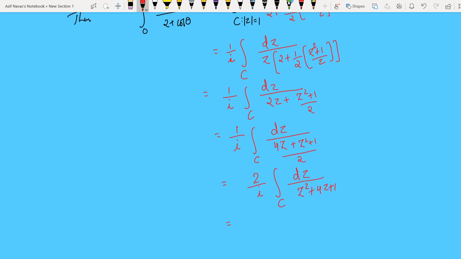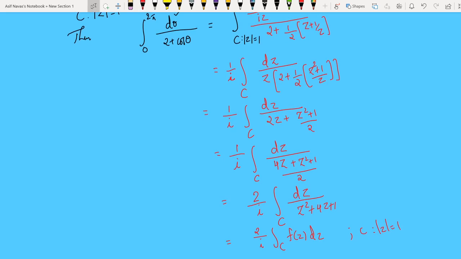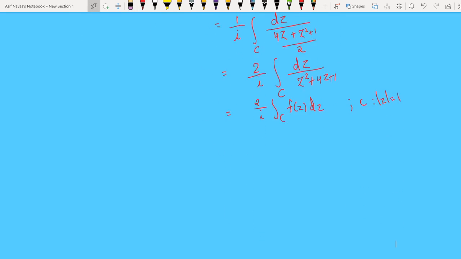So our integral from 0 to 2 pi is equal to 2 by i integral over C of f of z dz, where we know that C is mod z equal to 1. So this is simply a complex integration. Now we will find this integral.